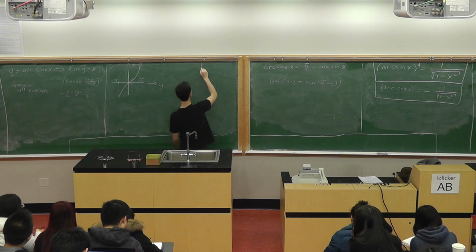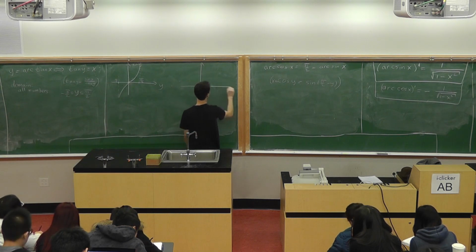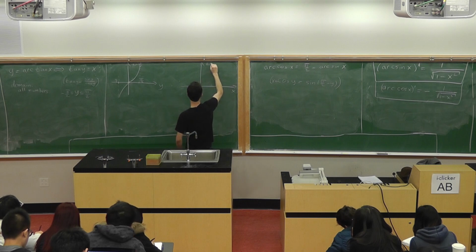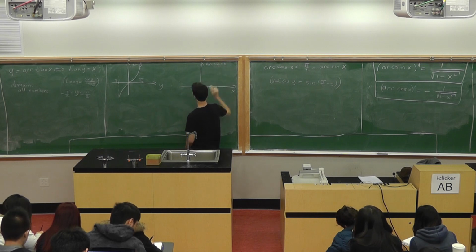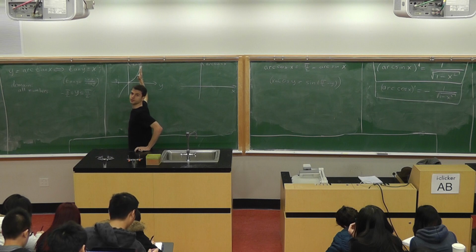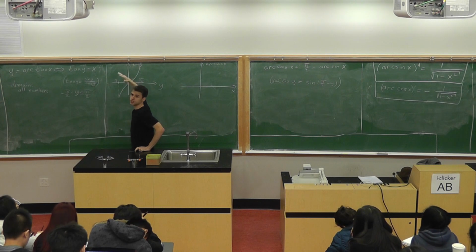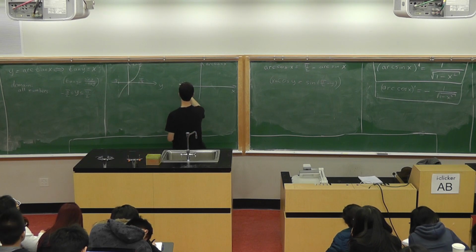And the graph of arc tangent looks like this. x and arc tangent of x. Well, what used to be a vertical asymptote after reflection becomes a horizontal asymptote.